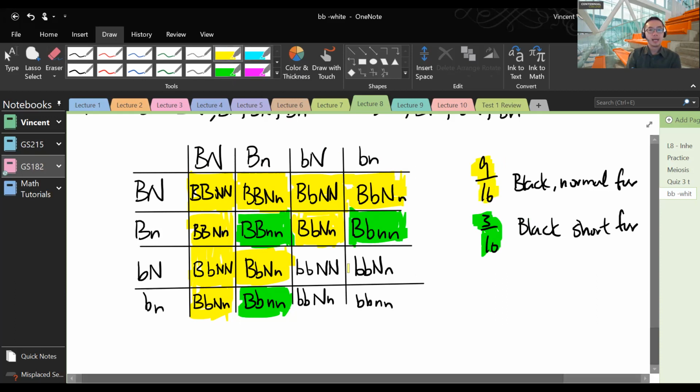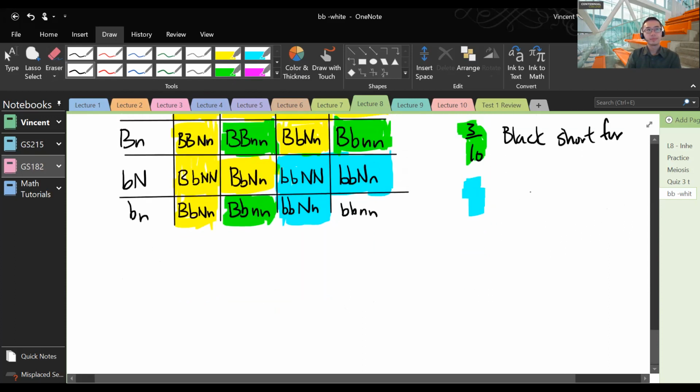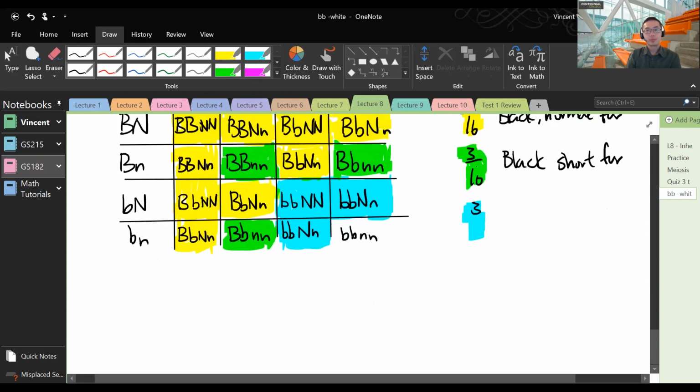Okay. We will have these guys right here. What would they look like? Are they brown or black, short or long? Three out of 16.